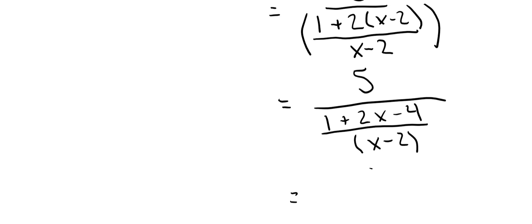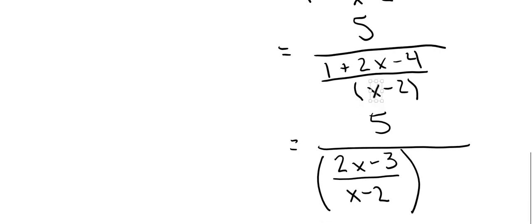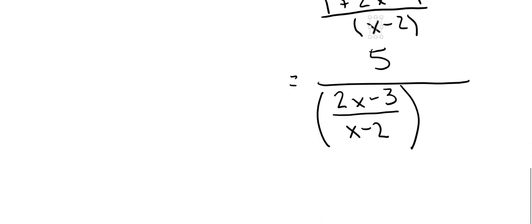So we have 5 over big, and we'll put 2x minus 3 over x minus 2. Okay. So far we're making progress. Still looks kind of ugly. I'm going to keep scrolling down.